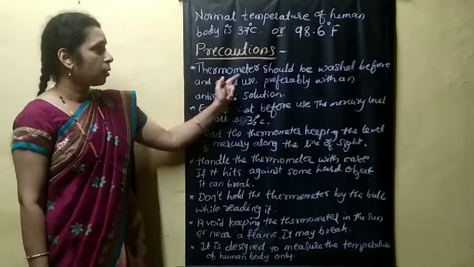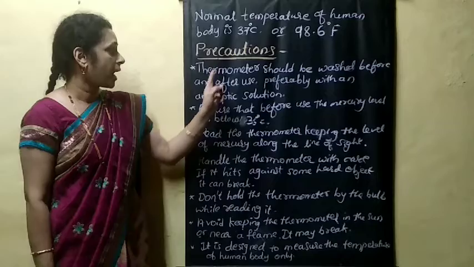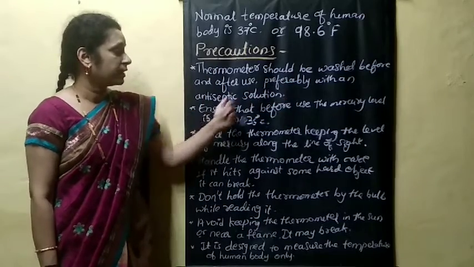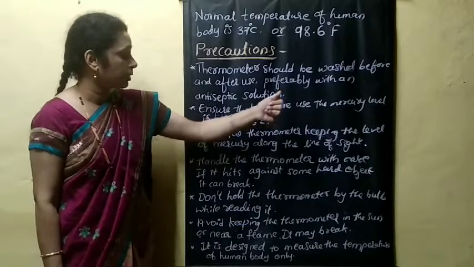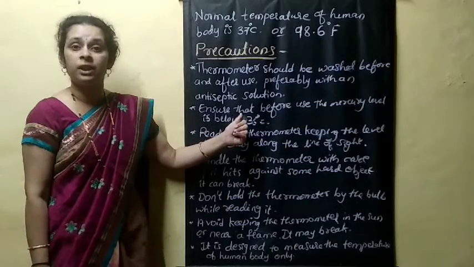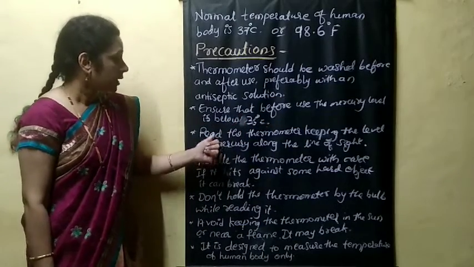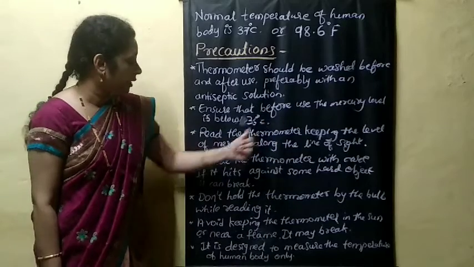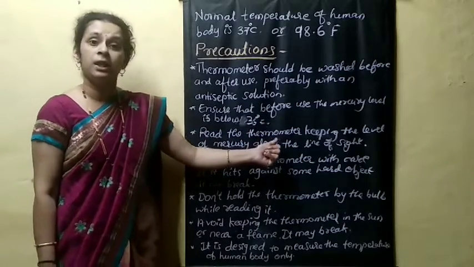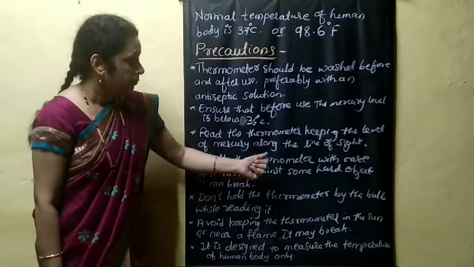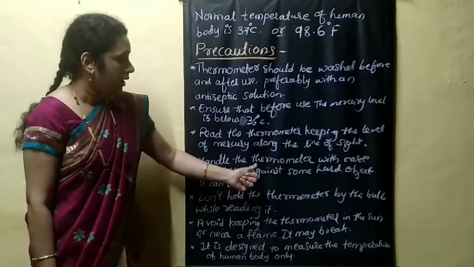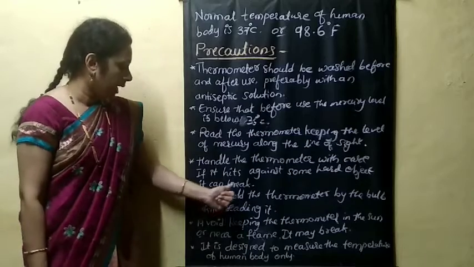The thermometer should be washed before and after use, preferably with an antiseptic solution. Ensure that before use the mercury level is below 35 degrees Celsius. Read the thermometer keeping the level of mercury along the line of sight, and handle the thermometer with care. If it hits against some hard object, it can break.